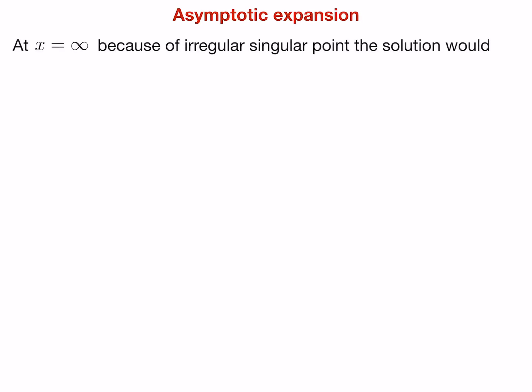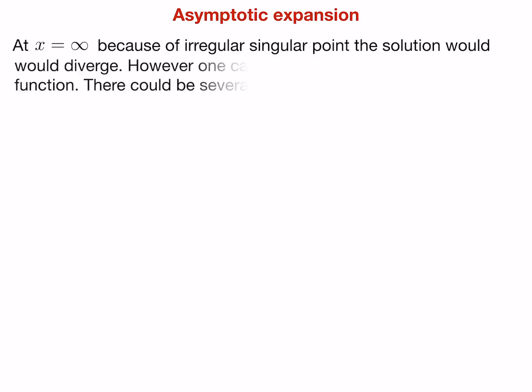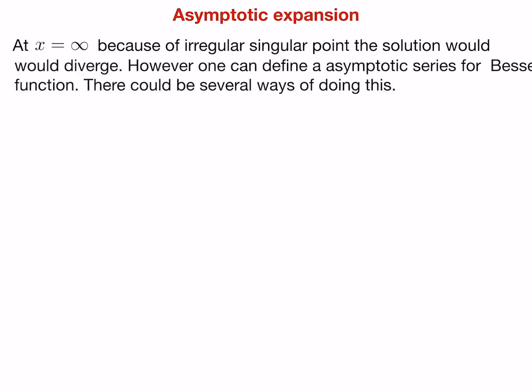So there is another concept of asymptotic expansion. We have seen that when x is very large, the system behaves in a certain way. However, you should know that when x is infinity, the point is an irregular singular point, and we may not have a proper solution or the solution may necessarily blow up.